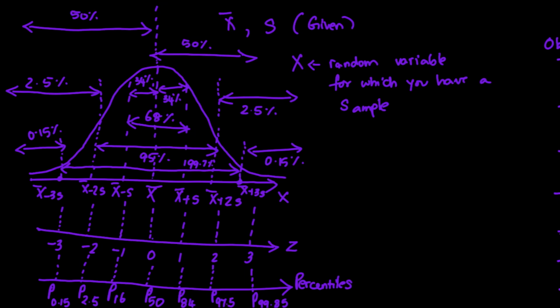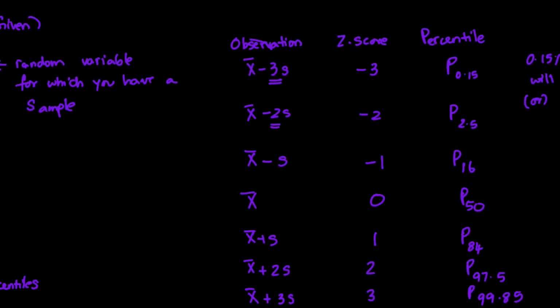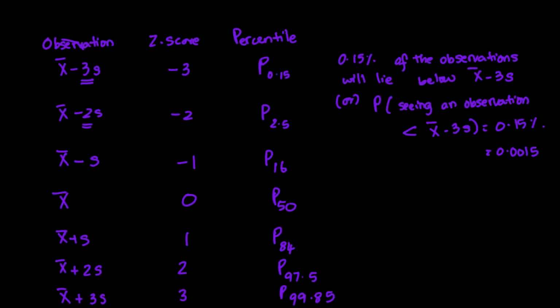I don't know what percentile that number would be, and it's not obvious from this rule, which is the disadvantage of the empirical rule of normal distributions. If you want to find exact probabilities, we need a more complicated approach, but there is no such thing as a free lunch, and we have to put in extra effort if we want to find that probability.